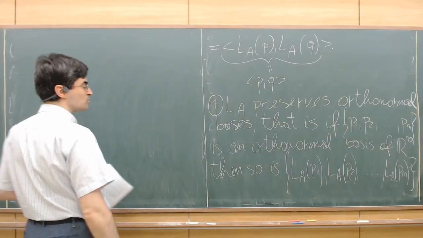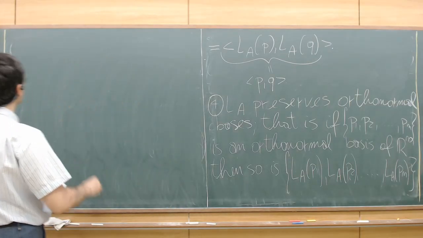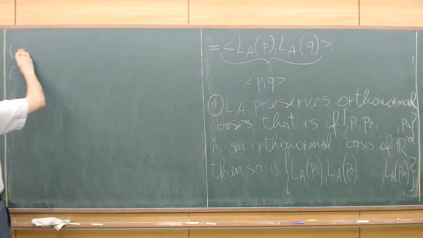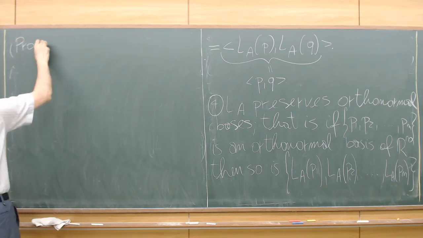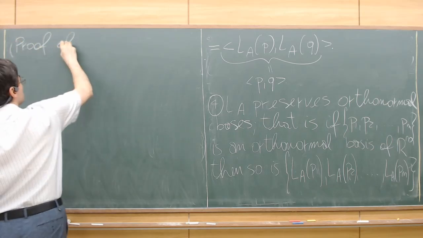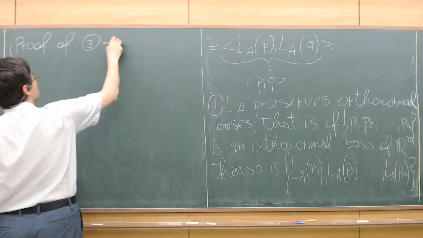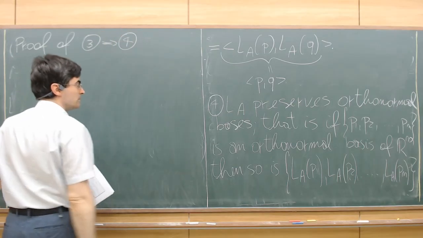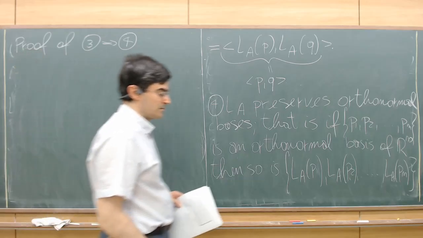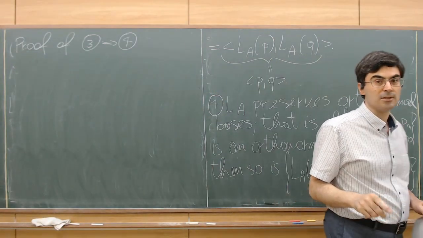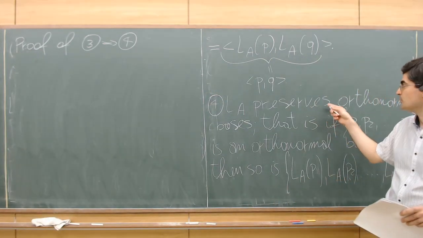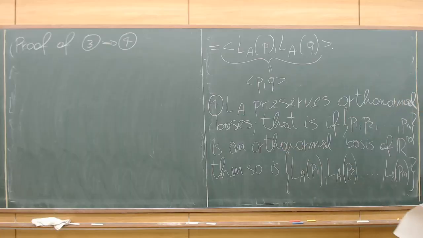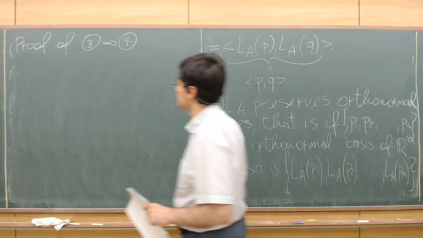So as announced before, I'm going to prove 3 implies 4. So I have to prove that if LA preserves inner products, then LA preserves orthonormal basis. This is trivial. Why?